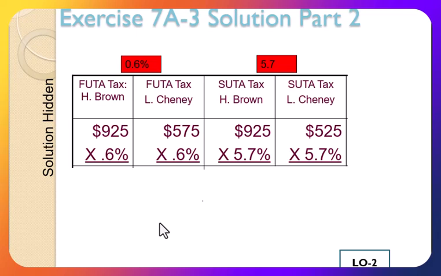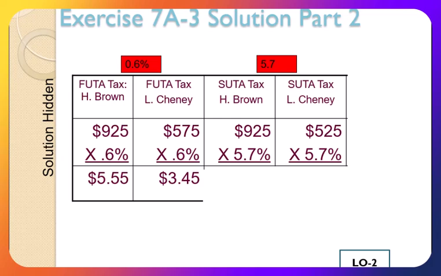So we'll calculate the FUTAs and SUTAs separately for each employee, and then we'll add them together at the end. And not the FUTA and SUTA together, just the FUTAs, and then separately the SUTAs. So we'll take Brown's $925, multiply that by the 0.6% FUTA rate that we were given in the problem, for $5.55. And for Cheney's, his 575 will also be multiplied by that 0.6% rate for $3.45.